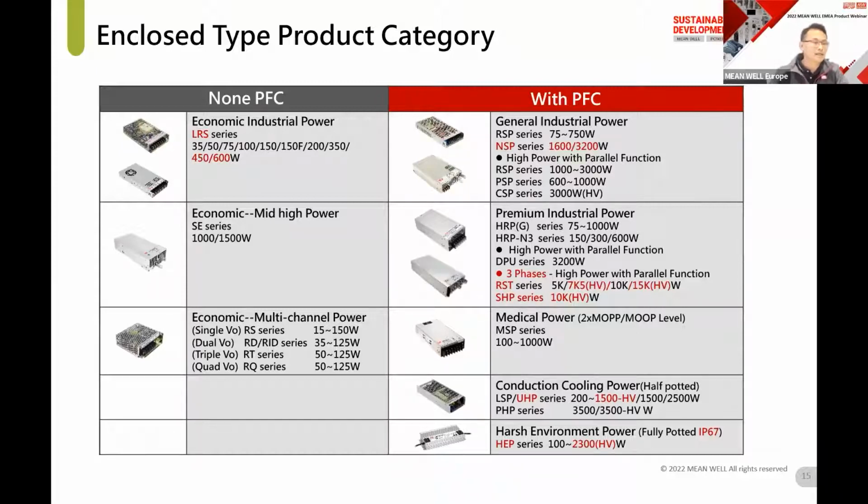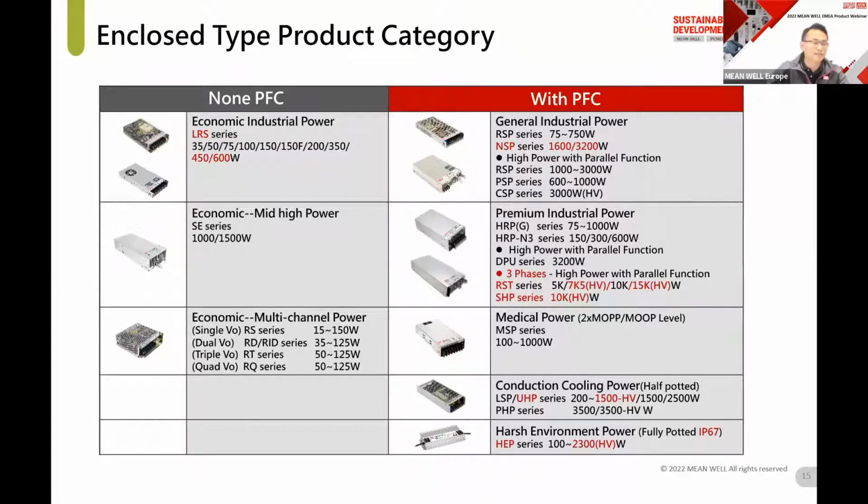On the right-hand side, PFC models, we have the NSP 1600 and 3200 products. Because the NSP functions are the same as the RSP, the dimension is exactly the same.